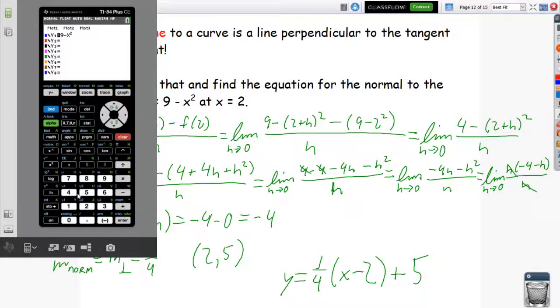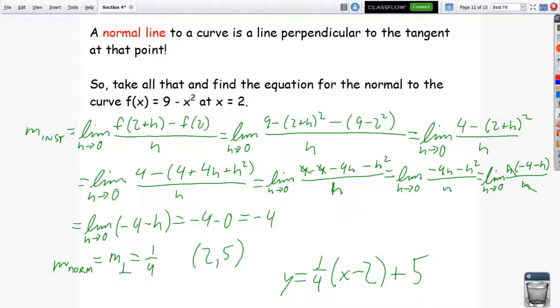Clear that one out. 1/4 times the quantity of x minus 2 plus 5. And fingers crossed, we got it right. Yeah. Right at x equals 2, it goes right in normal to the curve, right at a right angle.